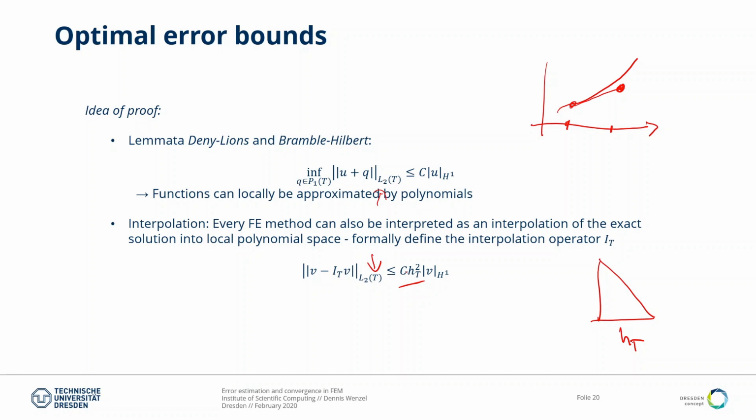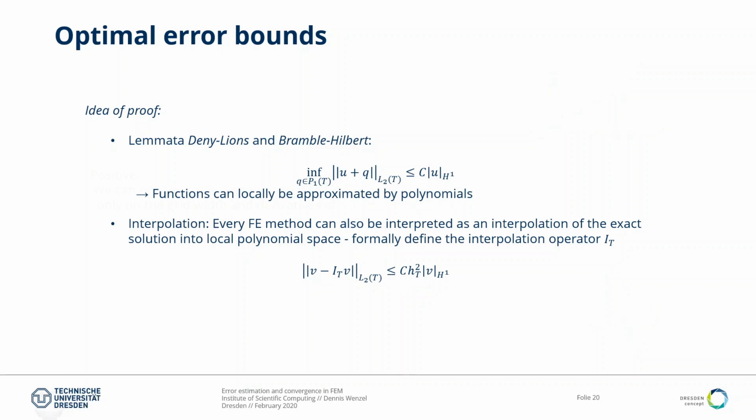That's where this comes from, because we're considering the approximation properties only locally, because that's what the whole FEM is doing. It's constructing those global piecewise functions by actually looking at local polynomial functions.